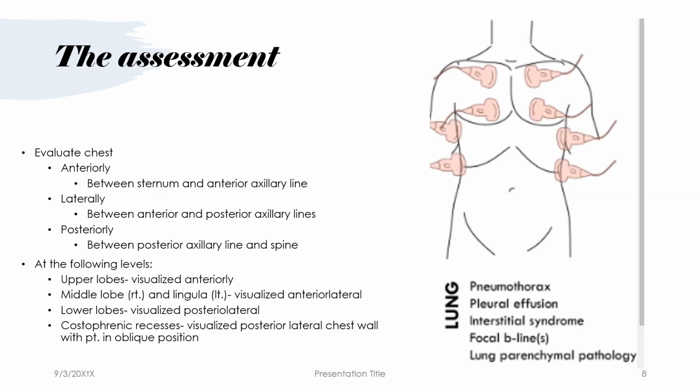So where are we going to start looking? We're going to go over a complete protocol here in a moment, but just to start with, some of the best windows that we're going to be using on the assessments of the lung are going to be broken into some different areas. There's going to be the anterior, which is obviously the anterior of the body, the lateral, which would be to the axillary line of the body here, and then the posterior, which would be behind that axillary line back here.